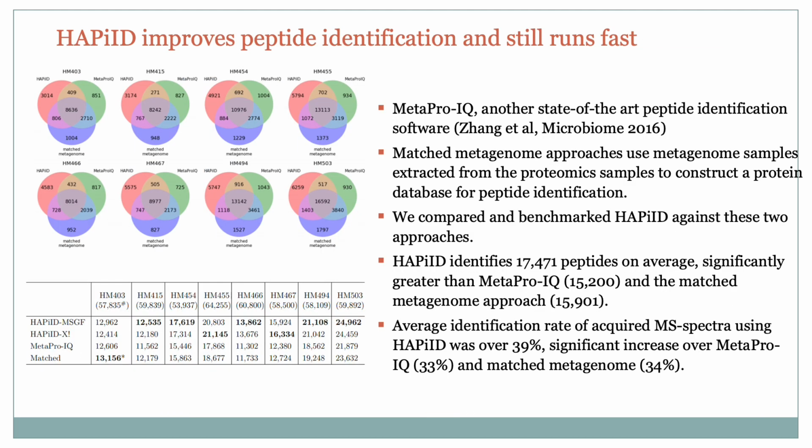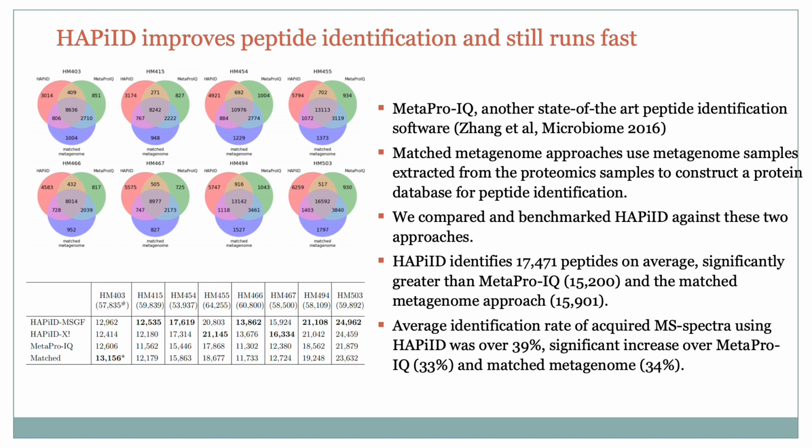We also applied HiTSeq to identify peptides and proteins from metaproteomics data derived from real samples. We compared the results from HiTSeq to the results from MetaPro-IQ, another state-of-the-art peptide identification software, and we also compared with the identification when the matched metagenome approach was used.